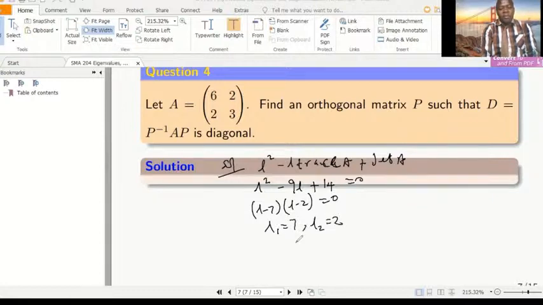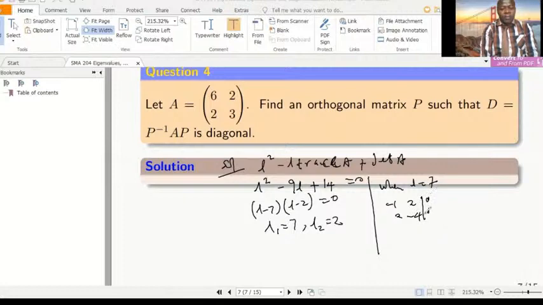These are the eigenvalues. Now let's get the eigenvector corresponding to 7. Let's subtract 7 from the leading diagonal. You have negative 1, 2, and then 2, negative 4.